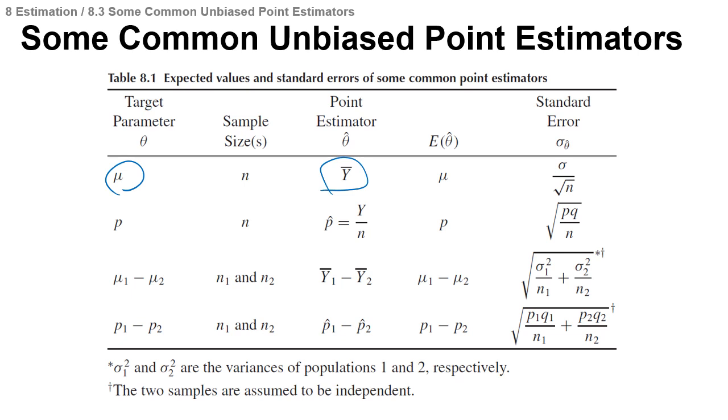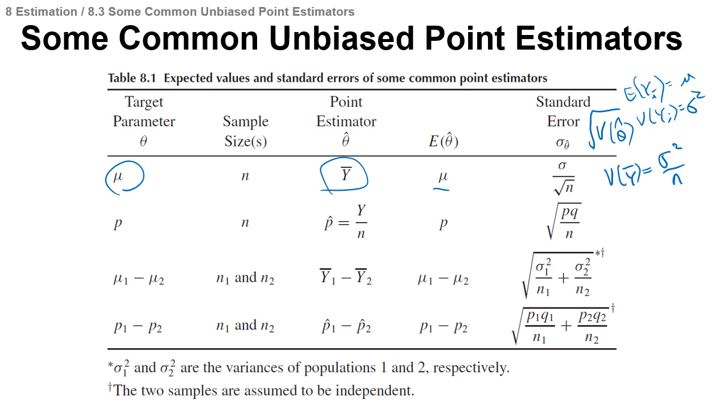And as we learned, the expected value of Y bar is mu, and also the standard error, which is the square root of the variance of the estimator. For the variance of Y bar, if the expected value of Yi equals mu and the variance of Yi equals sigma squared, then the variance of Y bar is sigma squared over n.